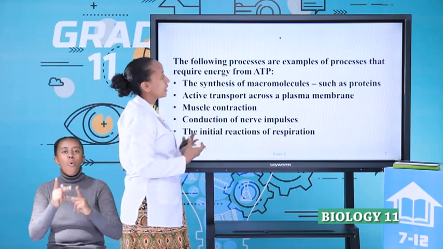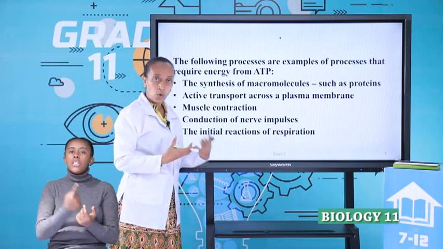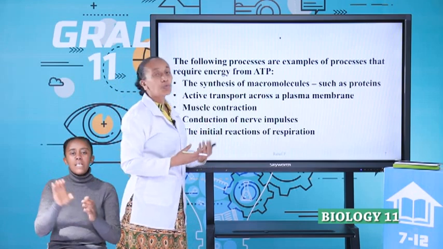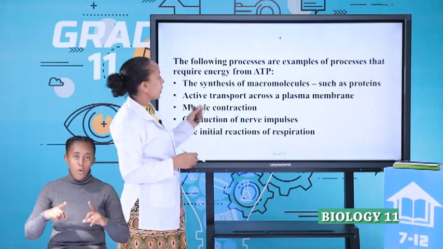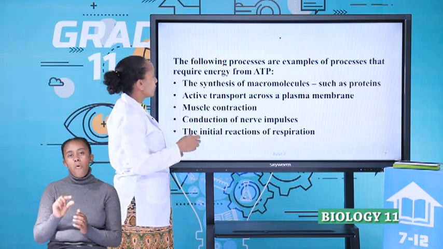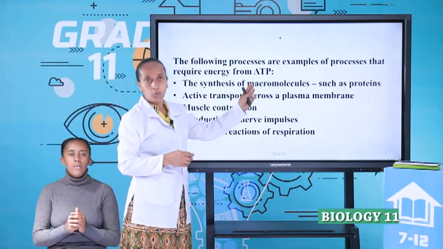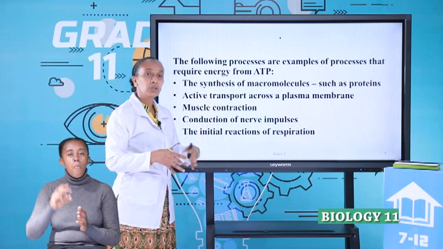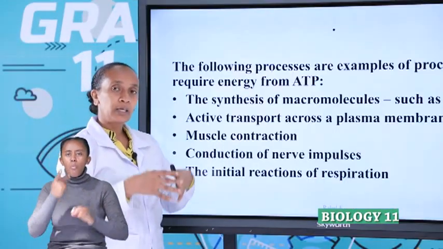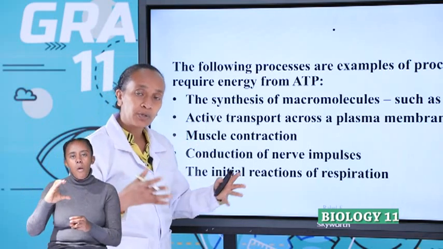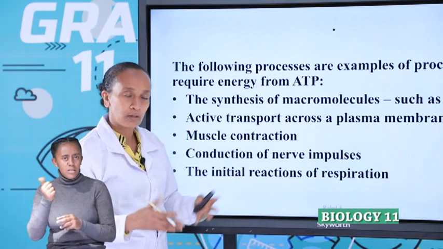If ATP provides such an important role for cells, what types of processes use ATP in living organisms? Here we have some examples. For example, synthesis of macromolecules. Macromolecules can be large molecules like proteins, carbohydrates, lipids, and so on, even nucleotides.